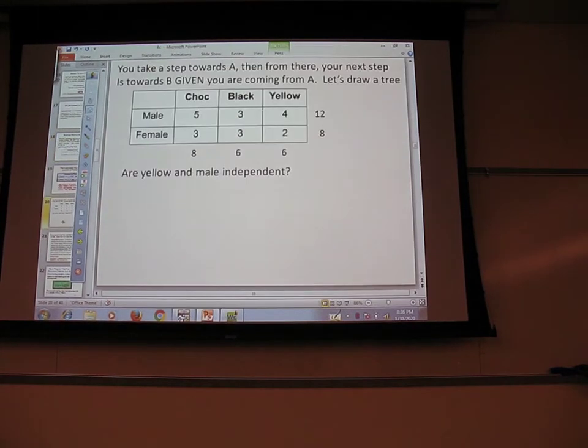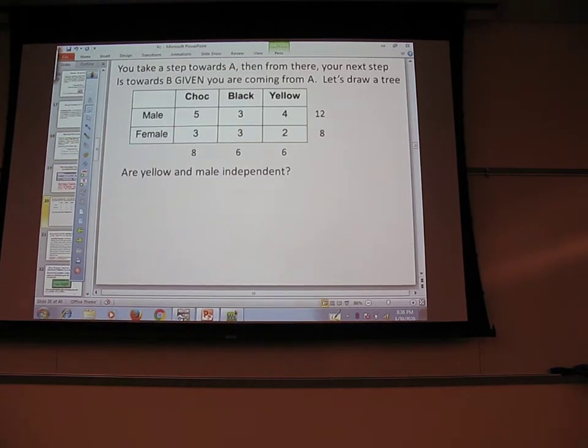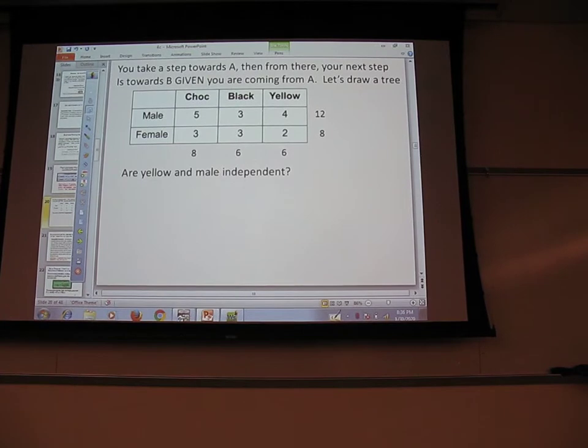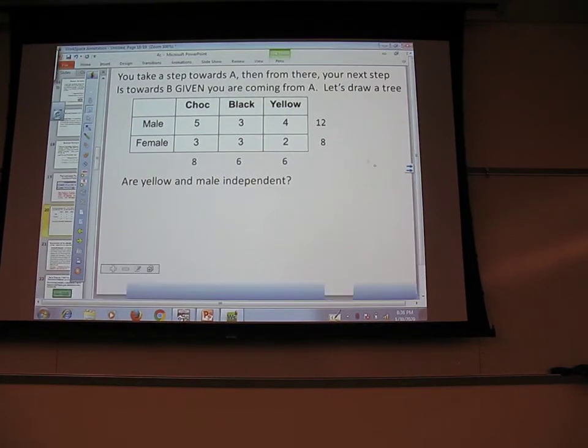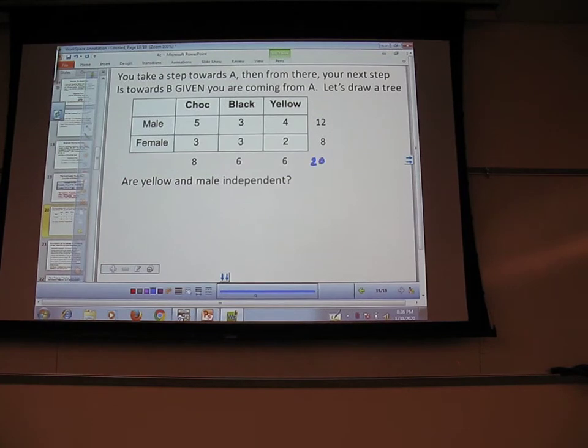Here is an example. Remember we said that yellow and male were dependent? And remember we multiplied the probabilities, it didn't work out? So here, first off, what's the probability that you are a yellow male puppy? 4 out of 20. Yep, male and yellow, there's 4 of them out of 20.